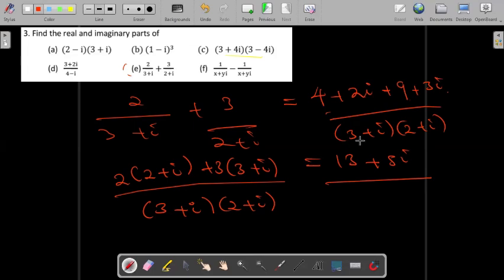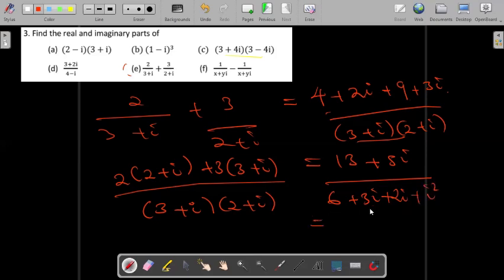Then let's multiply out what we have in the bottom. You have 6 there. Multiply 3 by what? You get 3i. Then you multiply i by what, which gives you 2i, and the other one just gives you plus i squared.